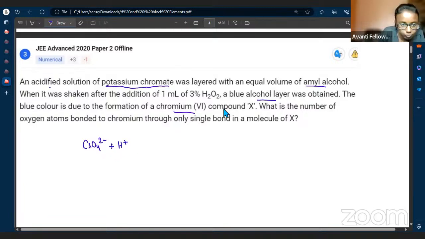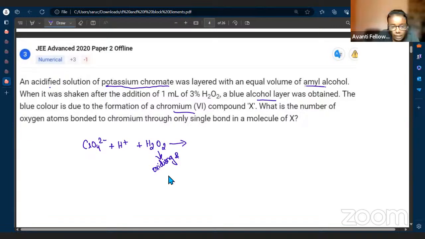Okay. So it is treated with amyl alcohol and H2O. What happens over here is you'll be getting a chromium compound with oxidation number of 6. When you use H2O2, it can act both as an oxidizing agent and reducing agent.